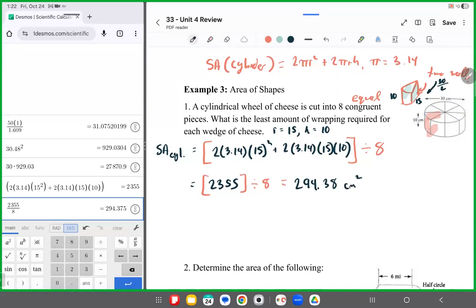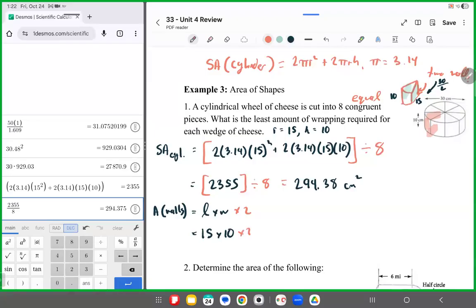But now we need these inner walls, right? And there's two of them. So the area of the walls will be length times width. And so there's going to be two of them then. So we times that by 2. So this will be 15 times 10.